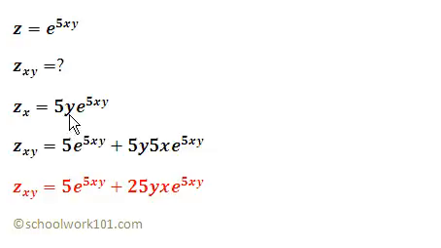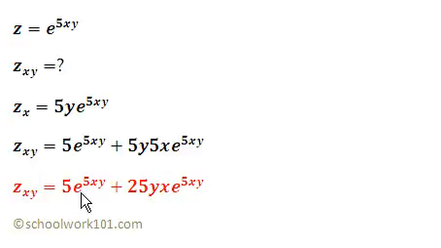Derivative of 5y is just 5e to the 5xy, right? Derivative of y is 1, and then we're left with its coefficient. Plus, now we rewrite the 5y, and take the derivative of what's up here in the exponent with respect to y, so we're left with 5x, bring it out front, and then you just rewrite the whole thing. That's the derivative of xy, and then of course we want to simplify it down, as you can see here.